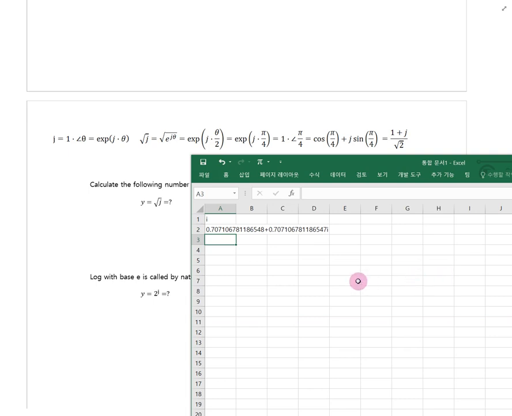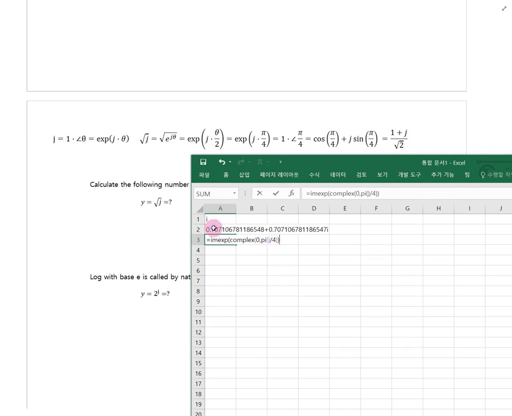This is the same as IMEXP of the j one. Okay, complex: real part is 0, imaginary part is pi over 4. Okay, this is e to the j theta. In this case, theta is pi over 4.